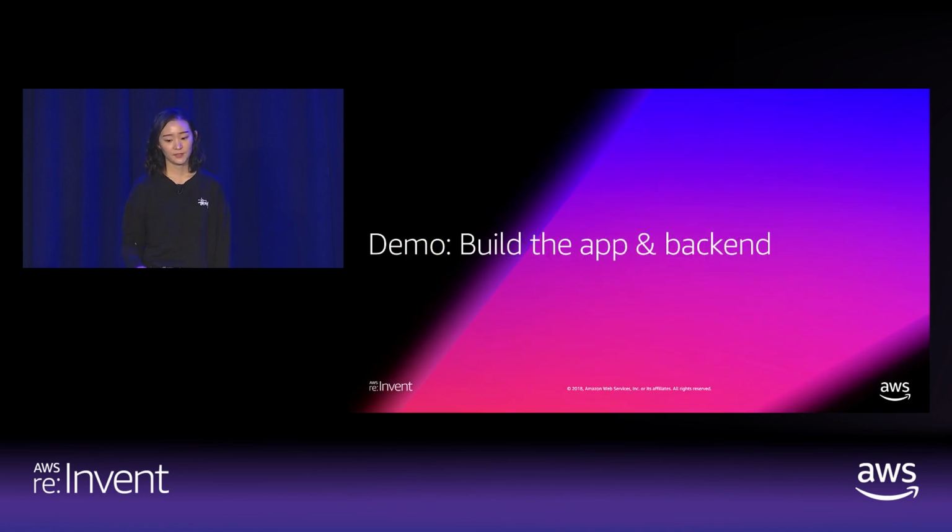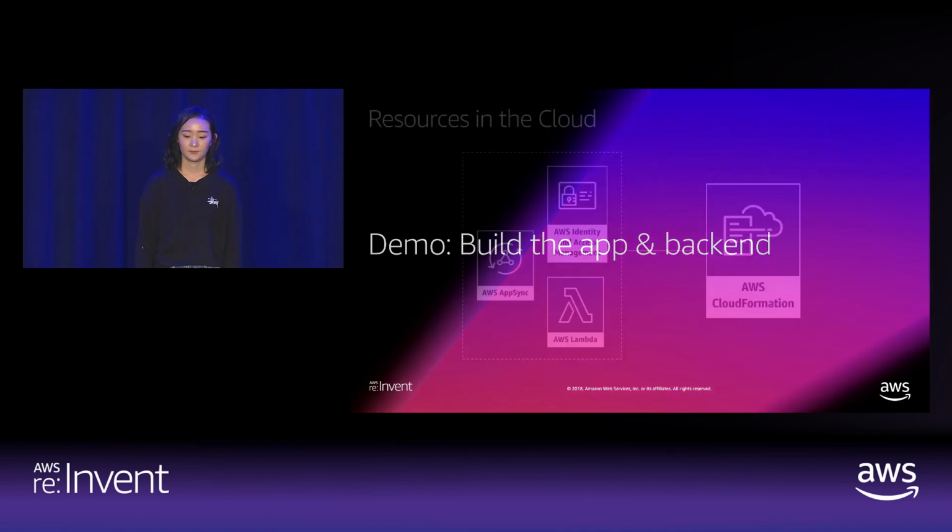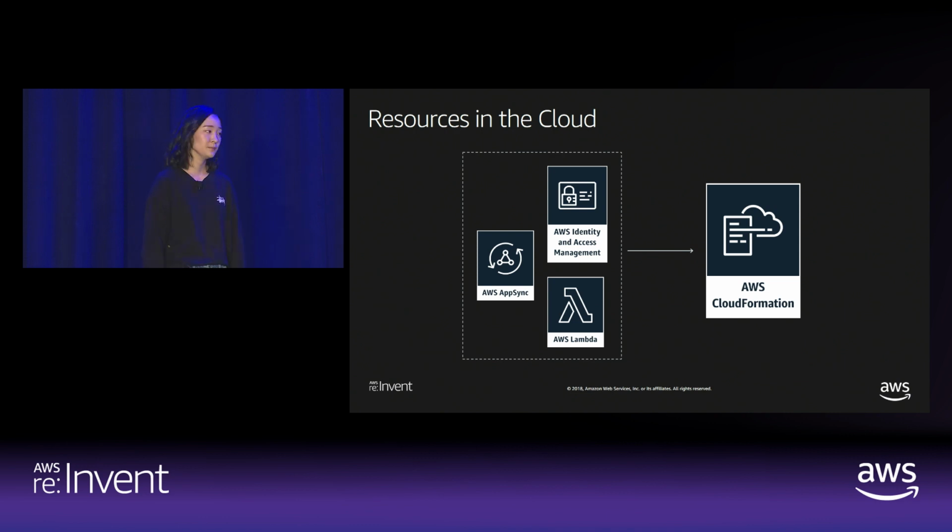So before I demo building my app, I want to quickly explain what I'll be doing and a few concepts. I'm going to be using AWS CloudFormation to manage my resources in the cloud. CloudFormation provides a common language for you to describe and provision all the infrastructure resources in your cloud environment.